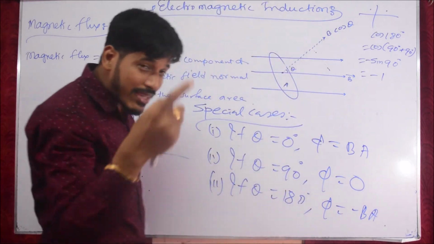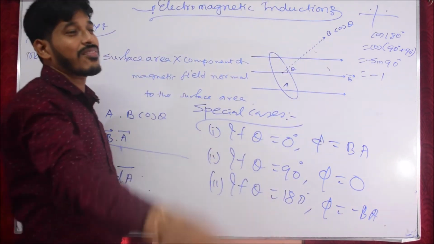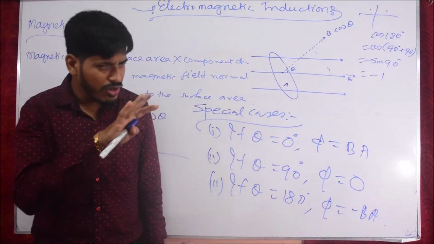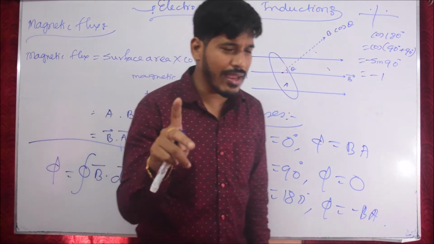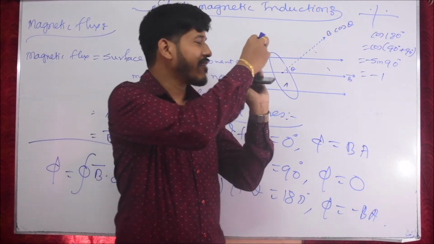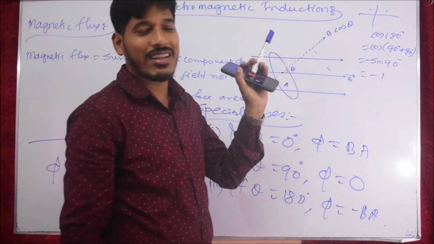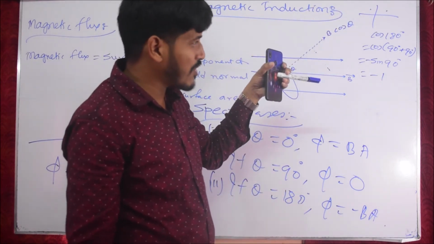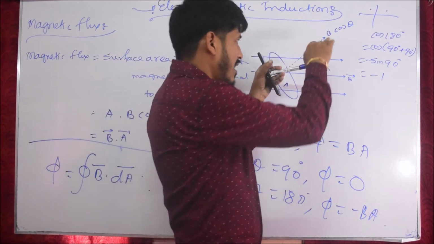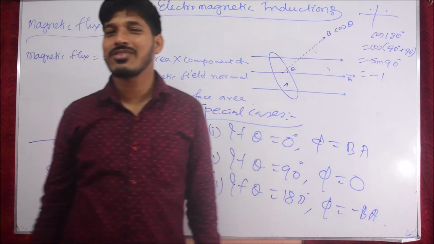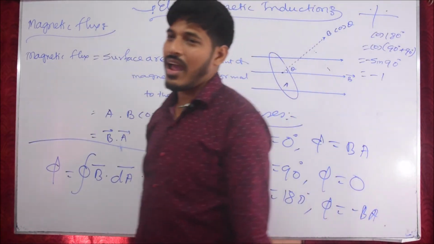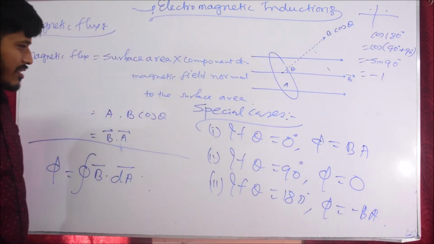So, don't be confused. I am repeating it again: if the surface area is parallel, then the area vector is normal to the magnetic field, and if the surface area is perpendicular, the area vector is parallel to the direction of the magnetic field. Understand?